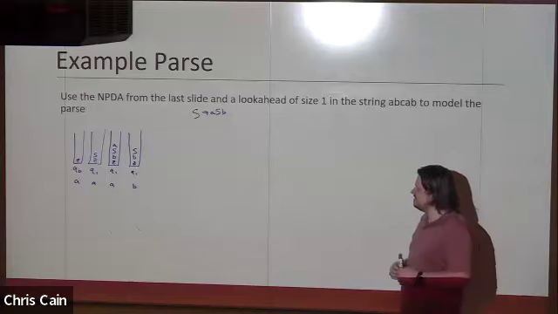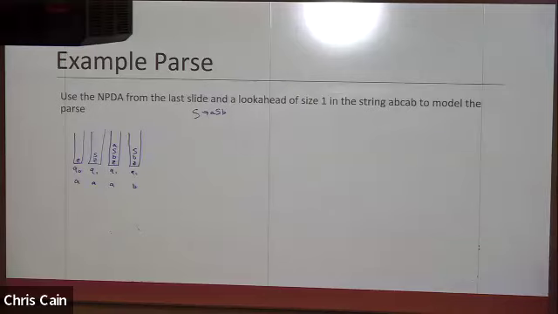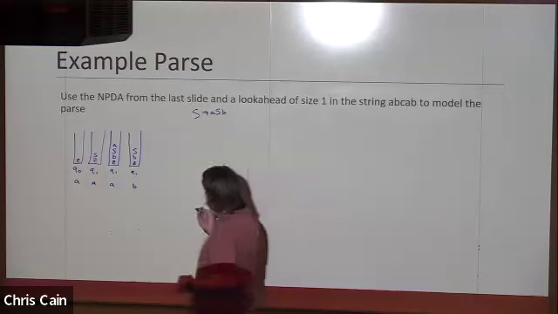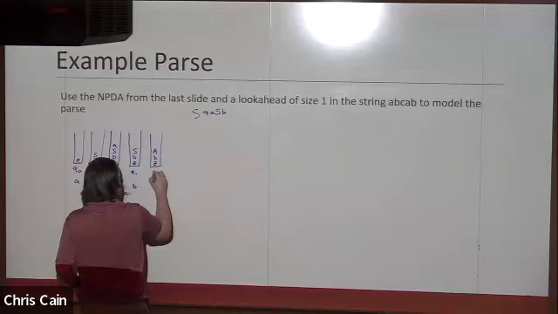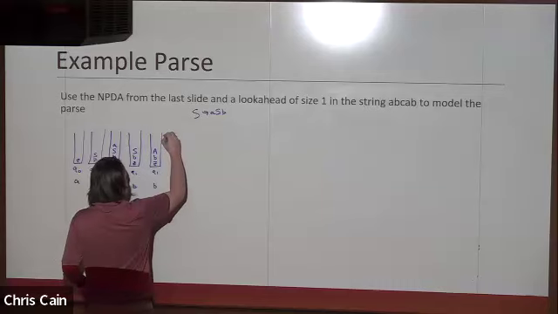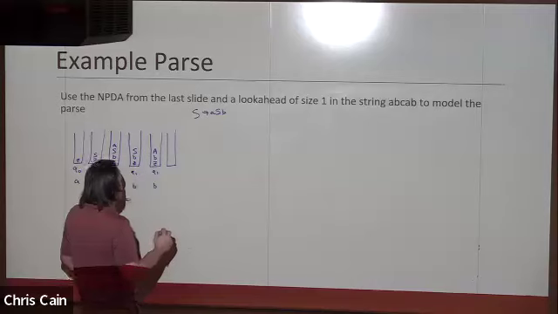What do we do next? Yeah, the S goes to an A because there's nothing we can do with the S directly to make the character B. So you have to transition it to an A. What can the A go to?